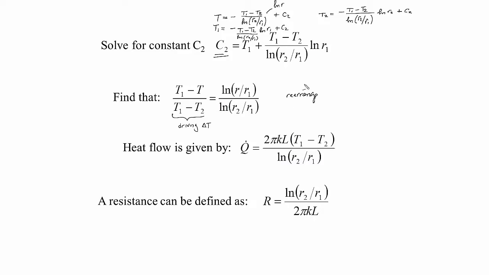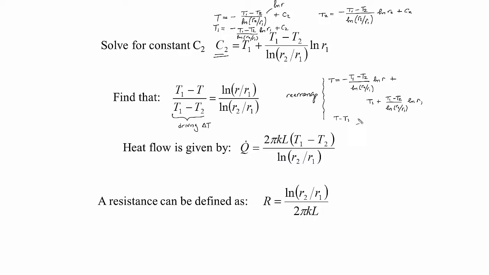All we're saying here is that we do a little bit of rearranging. Let's make sure this is clear: T is equal to, so we're going to rewrite this, ln R plus C2, which is T1 plus (T1 minus T2) over ln R2 over R1, ln R1. So subtract off T1 from both sides.